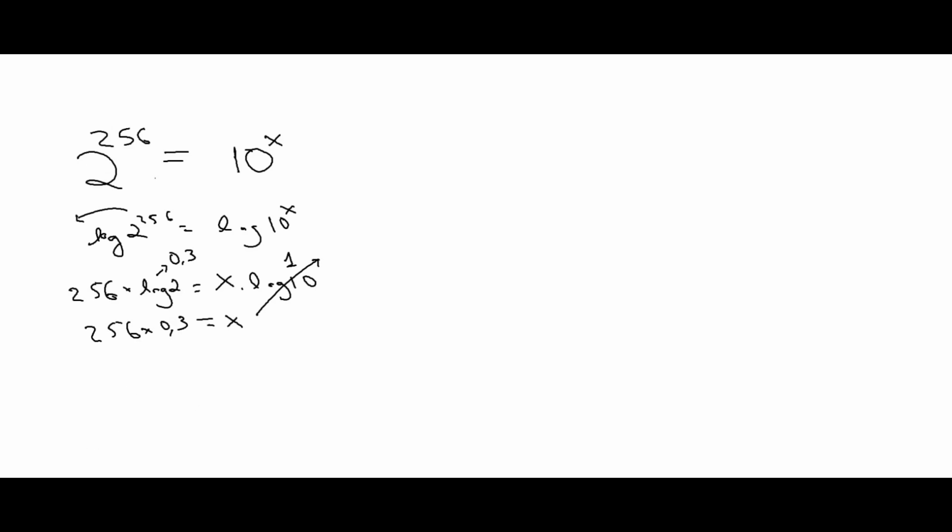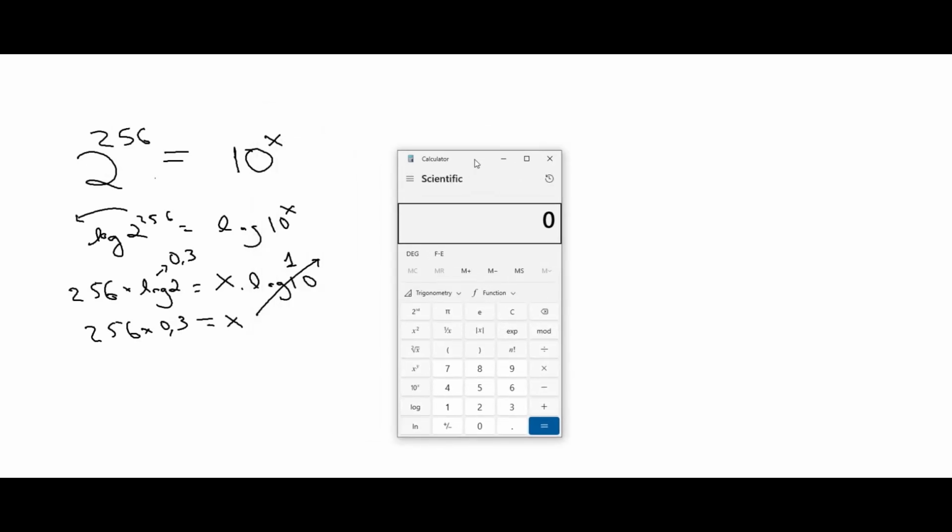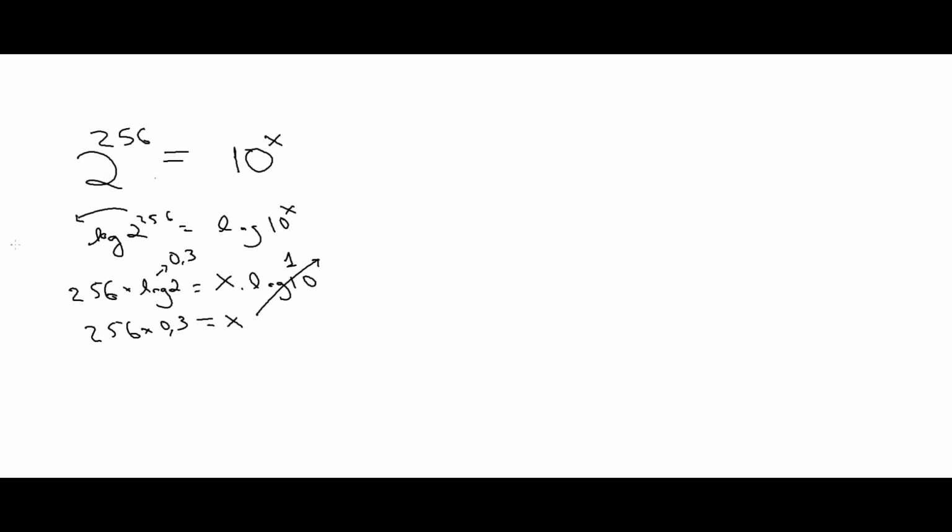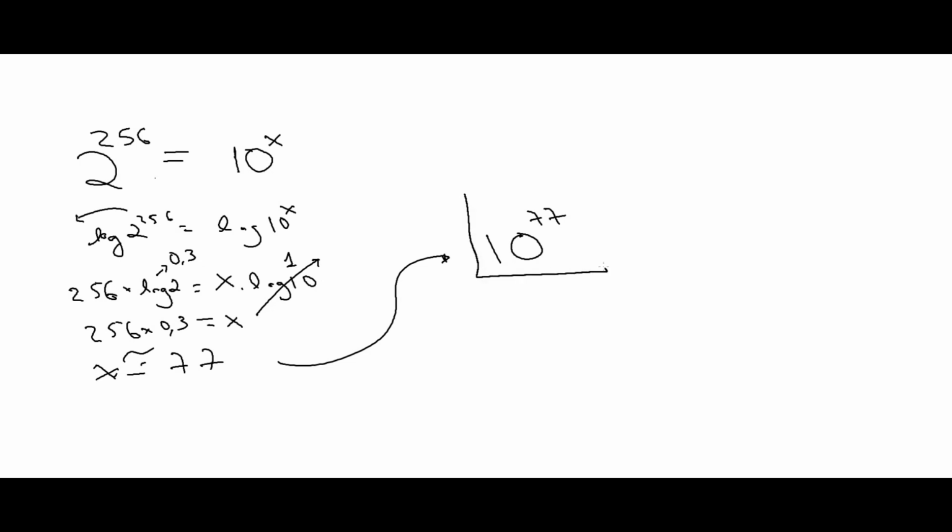Making the count, it's approximately 77. So let's say x is approximately 77, which means it represents 10 to the 77. That's the complexity of the algorithm we just created.